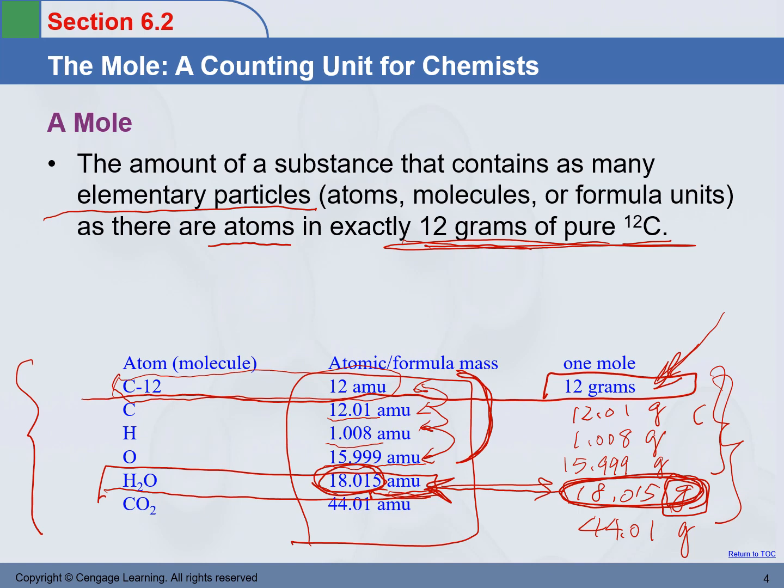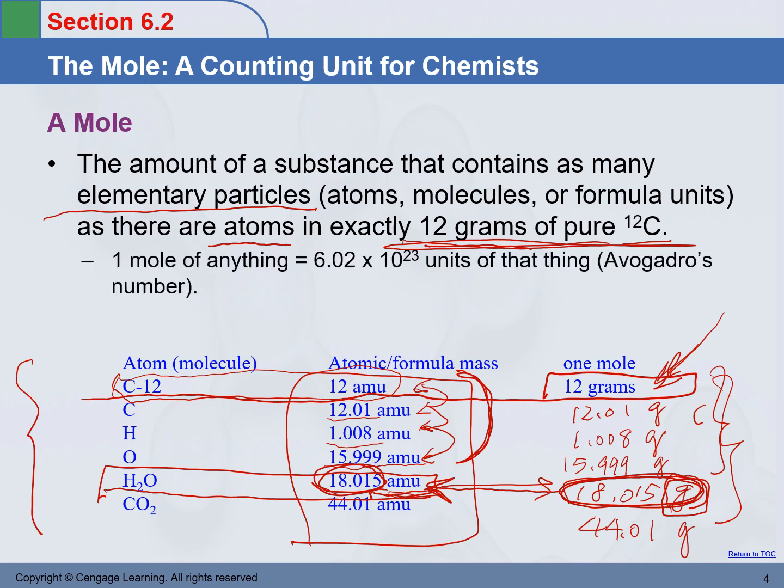Now, one more question. What is that number in 1 mole? That number of elementary particles, what is it? Luckily, we don't have to worry about that. A great scientist called Avogadro figured it out for us.